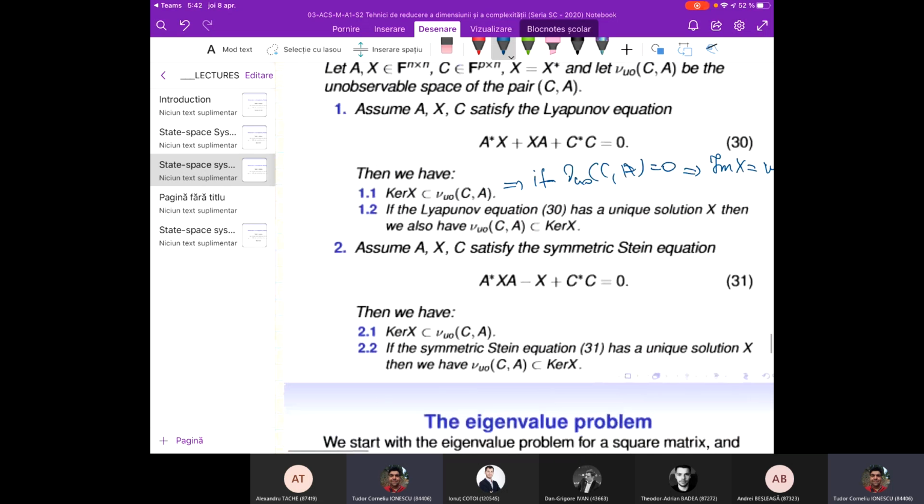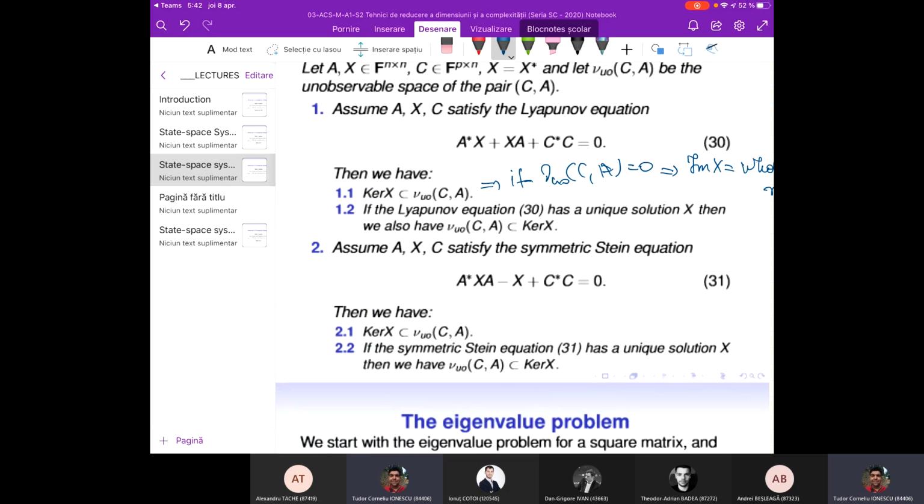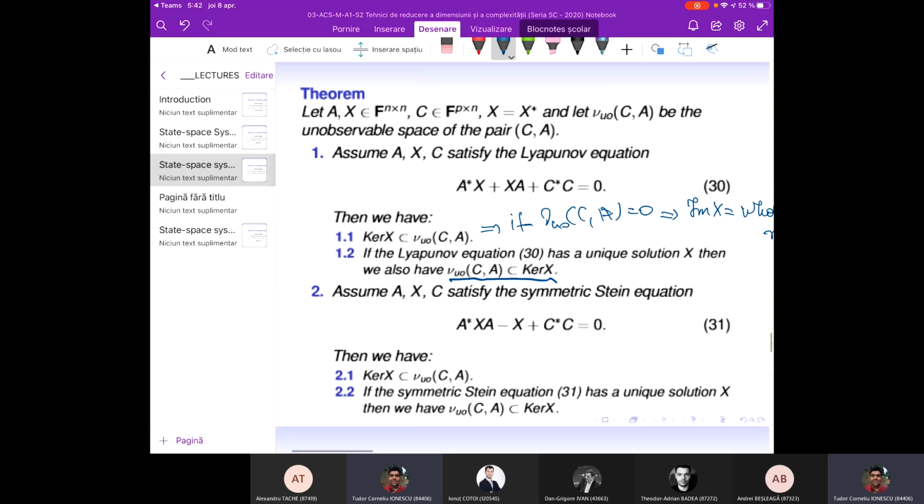It's full rank. Now, if the Lyapunov equation has a unique solution, then we can also have this relation, so they become equal. It's quite interesting, huh? The results that you get here.